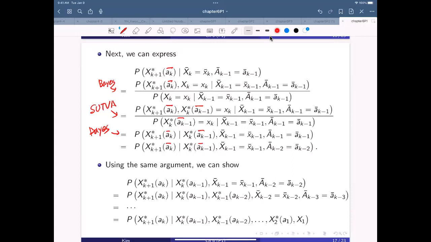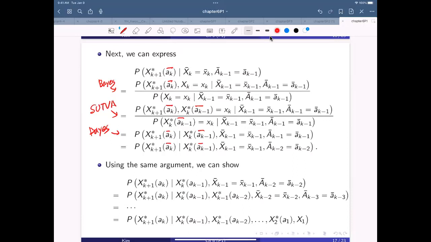Which one, the third one? I didn't cancel it. See, it just moved here. No cancellation. Forget about all this. This is joint, this is marginal, so joint divided by marginal is conditional. That's it.